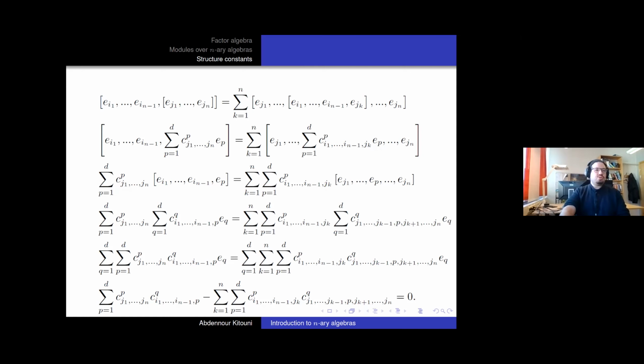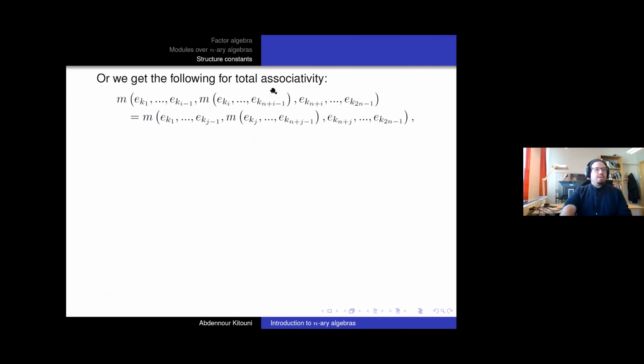We can do also the same thing with the total associativity. So here we have another index coming into play. Here I have k_i and k_j, which are different from this one to this one.